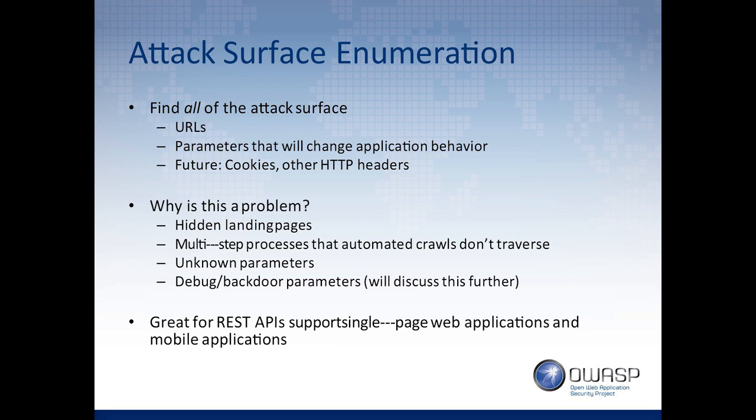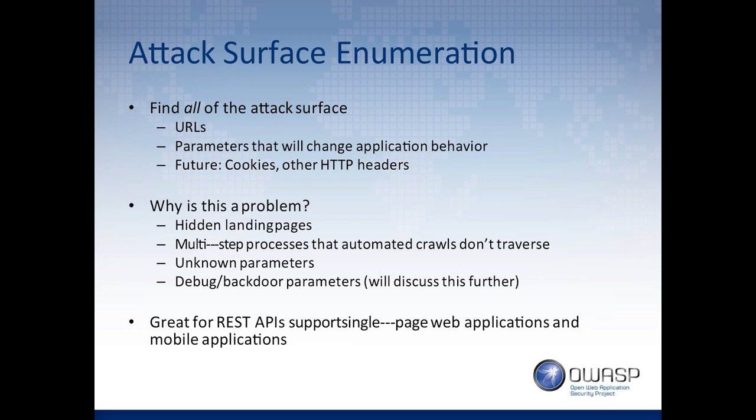In a lot of cases, you'll have multi-step processes, like a checkout process, where if the scanner can't figure out the right state in which to get there, or if it can't figure out the right values to pass in that lets it get from step to step, then your spidering process is going to leave parts of the application out there that you don't know about.